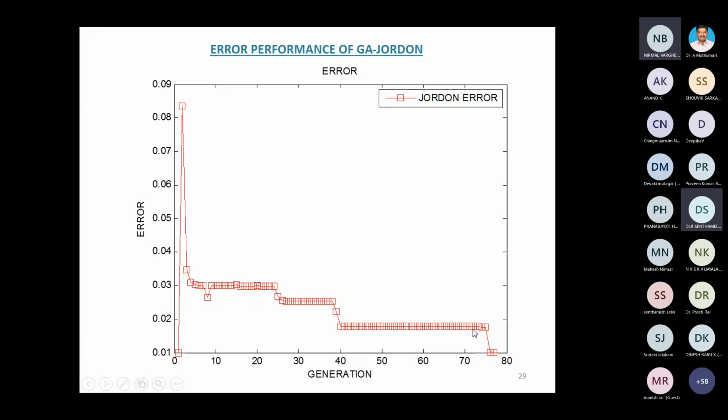And finally, it will get trapped in local minima and give the minimum error. These are the local minima, and finally you will achieve this value, which is the global minima, where you will get the minimum error. This is the training error performance graph of the GA Jordan network. This is a very important graph. Okay, right. If the graph is not simulated and does not come out properly, it means that your network is not tuned properly.